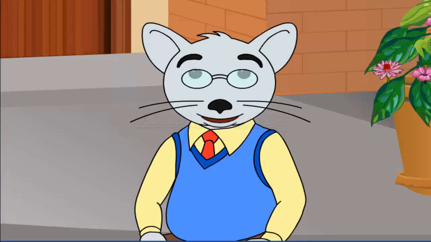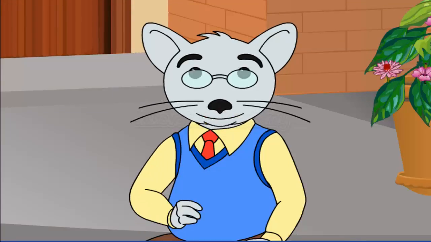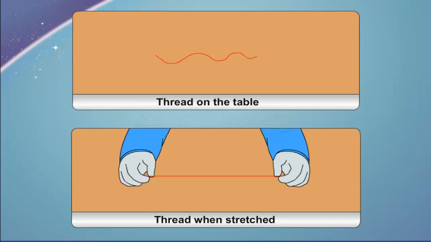What difference did you see in the thread when it was on the table and when it was stretched? The thread was zigzag when it was on the table. But now, when it is stretched, it is straight.